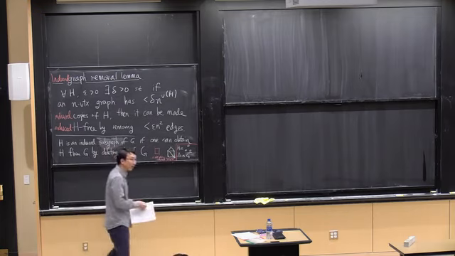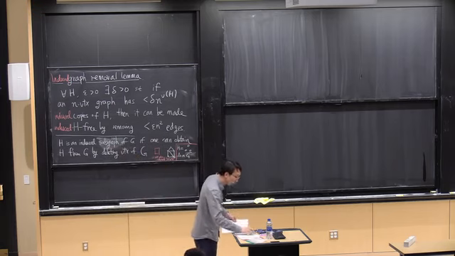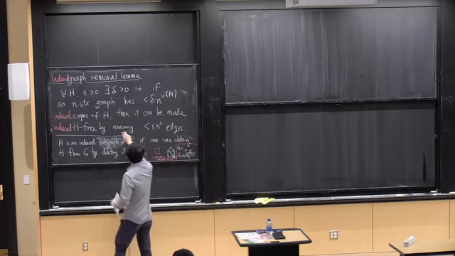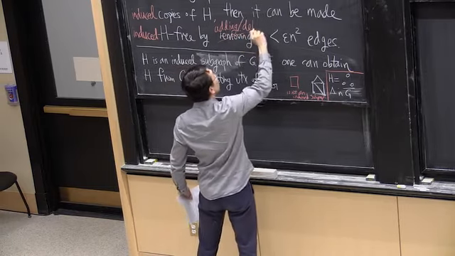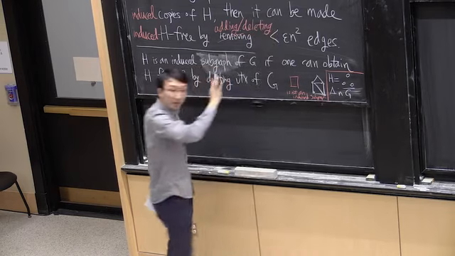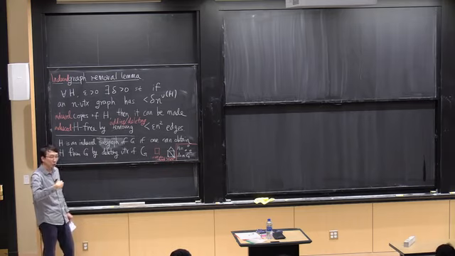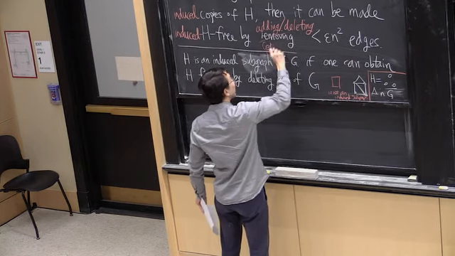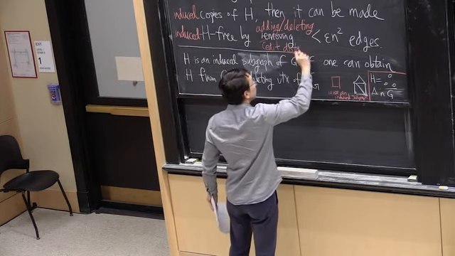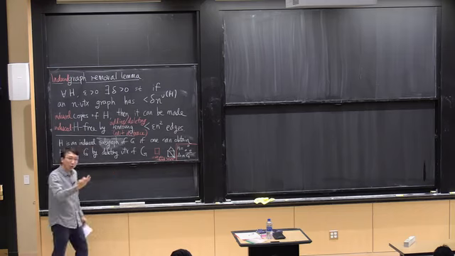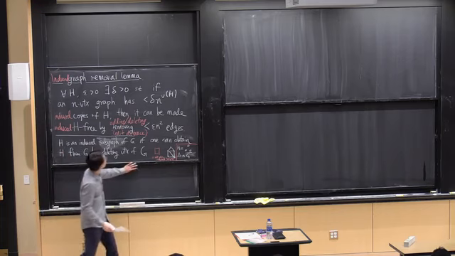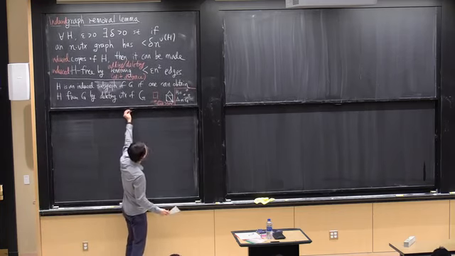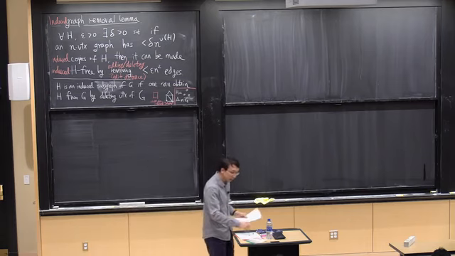So we need to make the modification where instead of only removing edges, we both add and delete edges. You're allowed to add some edges and delete some edges, but in total you change no more than epsilon n squared edges. This is sometimes also known as the edit distance, if you're allowed to change edges. So you can now add edges and delete edges. Any questions about the statement?